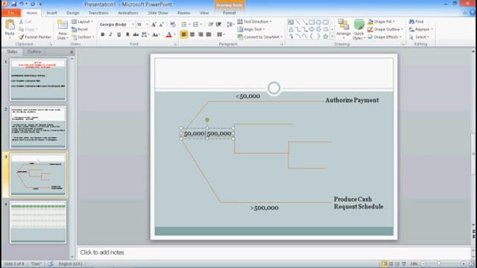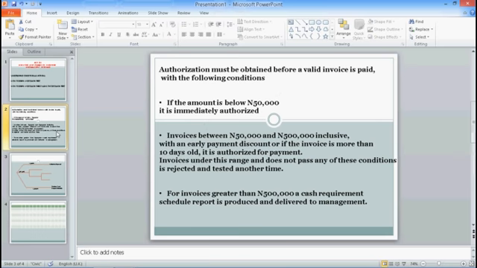And because of space, I think I just need to change this to 50k and 500k. Now, if it's between 50k and 500k, what happens? From the question, it says invoices between 50k and 500k inclusive with an early payment discount.